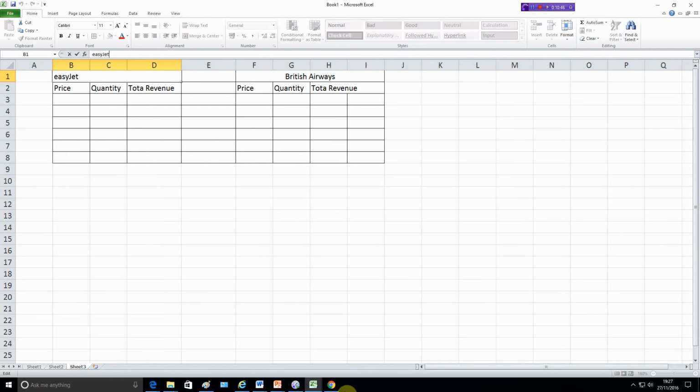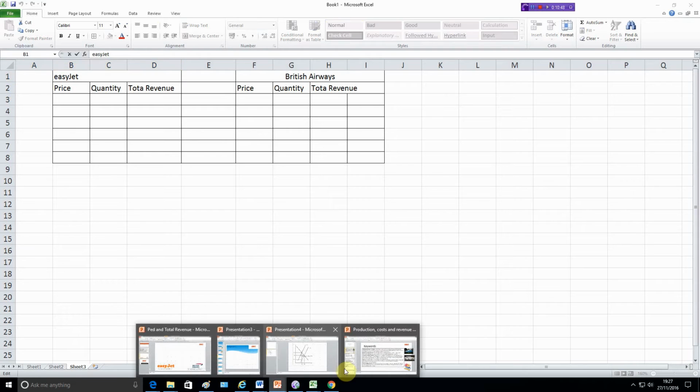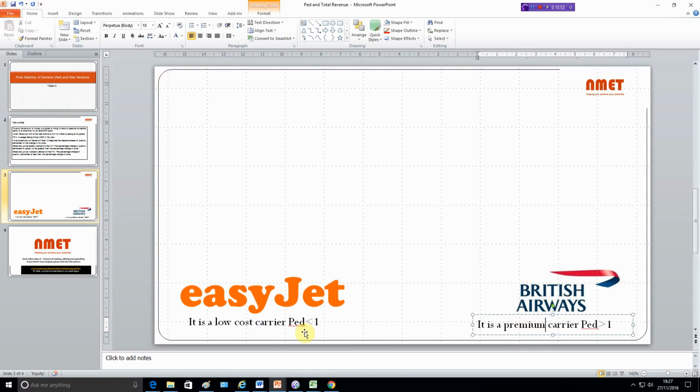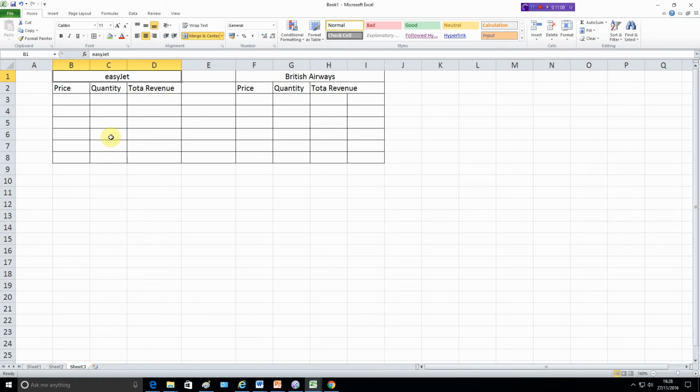Let's say EasyJet, as we said, has inelastic demand. PED is less than 1. And for this example, we'll say the PED is 0.6. And British Airways is a premium carrier and has a PED greater than 1. Let's say its PED is 2. So we'll put that on our spreadsheet.